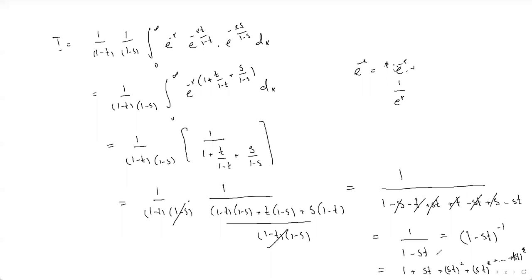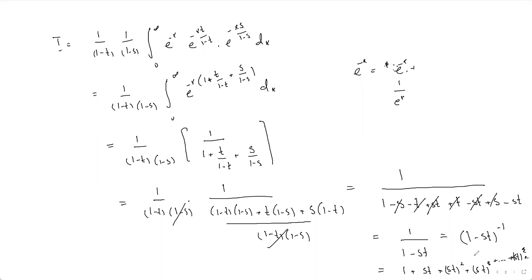I will say that, right? Plus some r plus 1 terms, other terms, st raised to power r. So you can say that this is s raised to power n, t raised to power n, or instead of r, I will say that s raised to power n, t raised to power m.